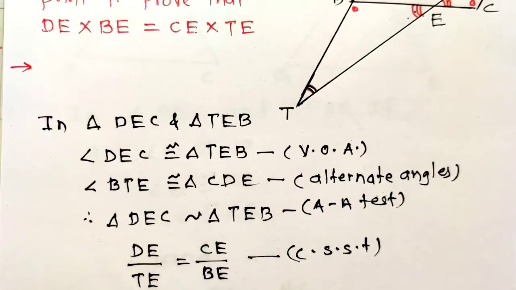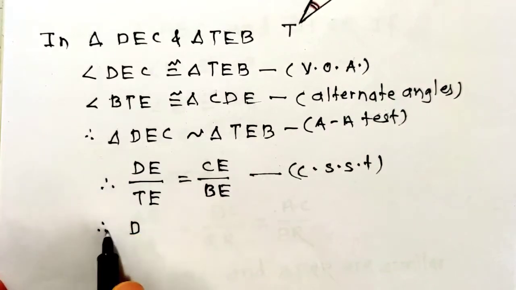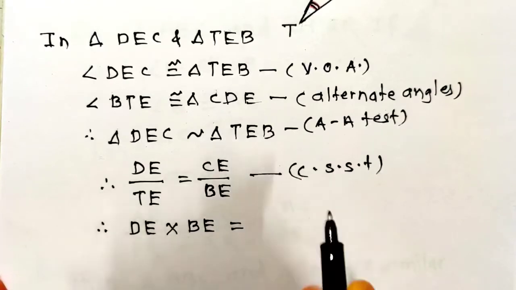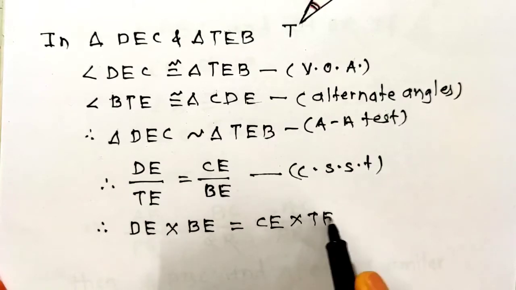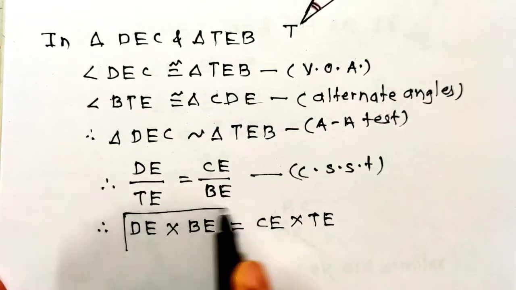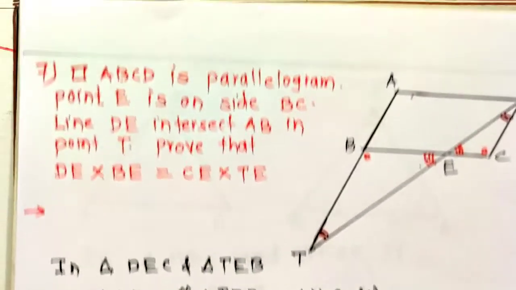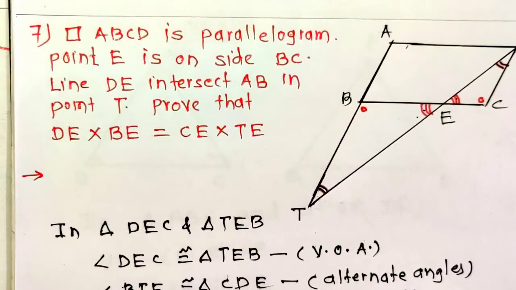Now by cross multiplication we get our result: DE into BE is equal to CE into TE. So in this way we can use the test of similarity to prove this one. Here these two triangles DEC and TEB are shown similar by AA test.